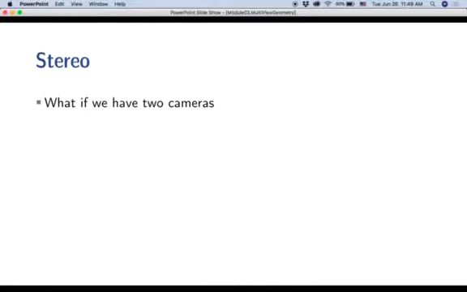From a single camera, whether it's orthographic or perspective, it's a good question. Let me come to that in a moment. If the camera does rotate as well as translate, then yes, we can, and we'll see a method for that.